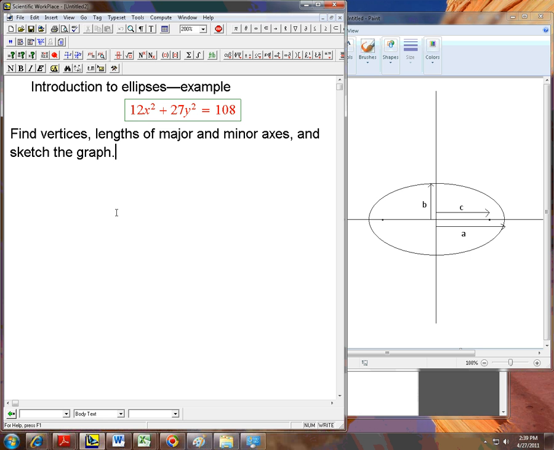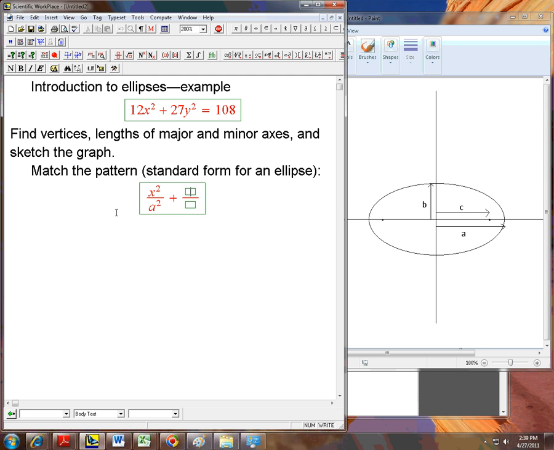And the main thing you have to do, it's really pretty easy, you just have to match the pattern, which is the standard form for an ellipse. And this is what we were getting towards at the end of class.